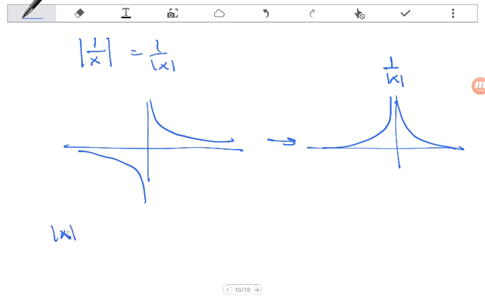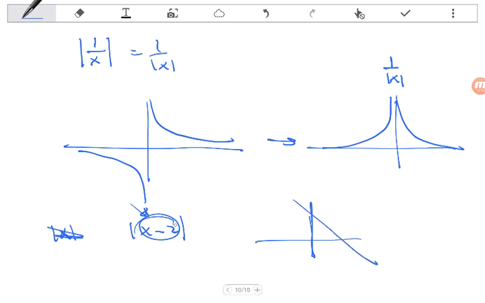Also, I need to know the graph of absolute x, or something like that, x minus 2, for example. I just graph the function inside the absolute. Then what would I do for this? This is a straight line.